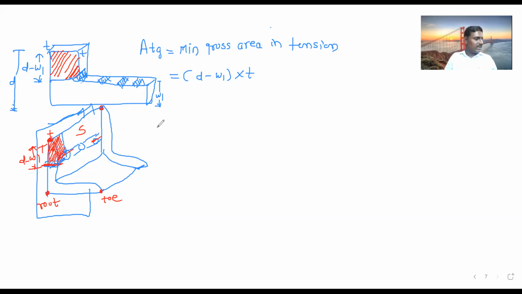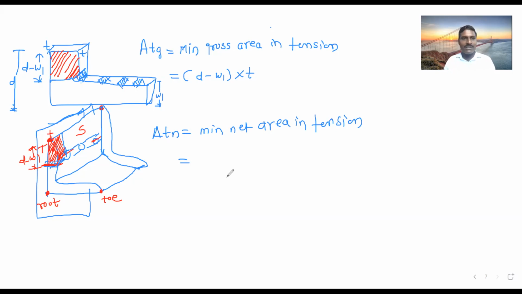Now the next area remaining is ATN, the minimum net area in tension. What do we have to do now? Net area means we are deducting the bolt hole.